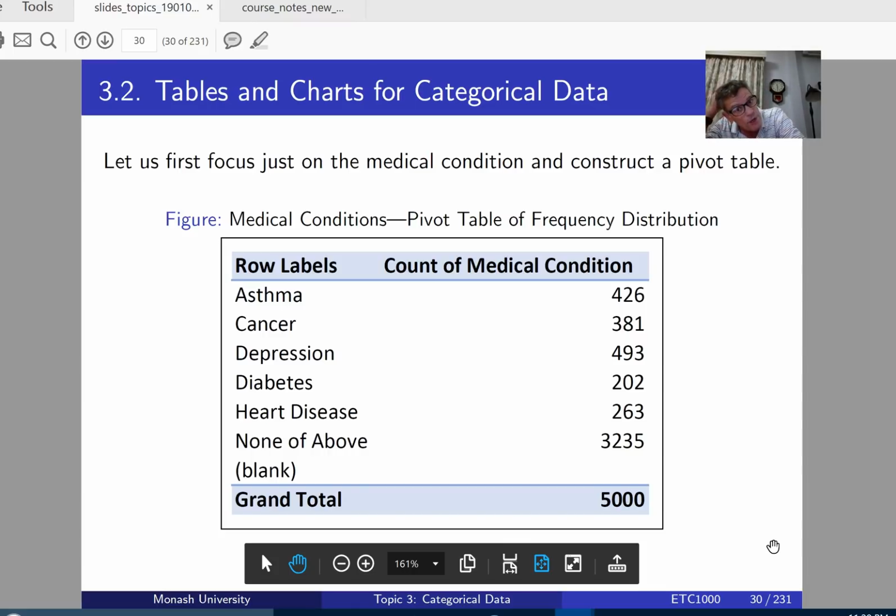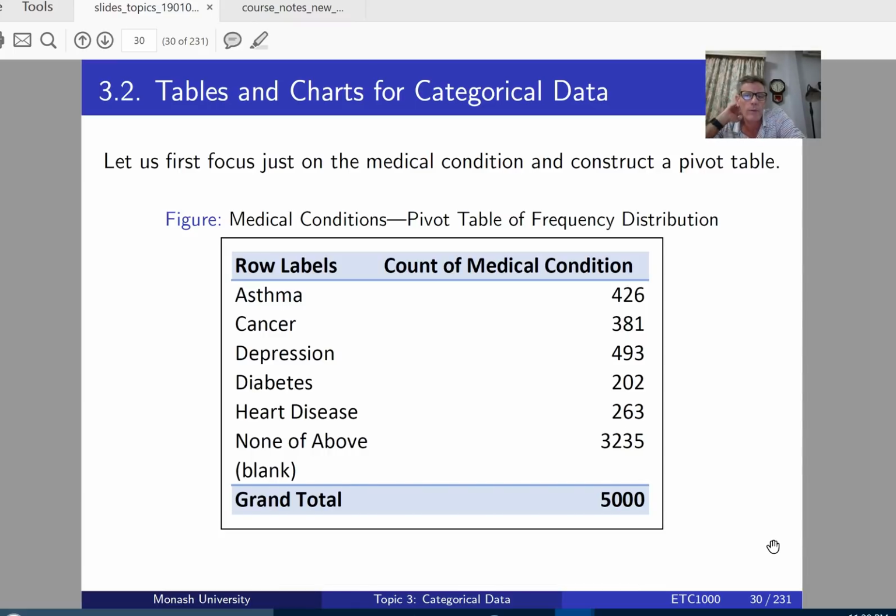So if we just concentrate, first of all, on just one of the characteristics of interest, which is what kind of medical condition do people have, you might put together a little table here. This is what's known as a frequency distribution. All the different categories and how many people fall into that category. You'll see in your tutorial work how you produce a table like this using Excel and constructing what's called a pivot table.